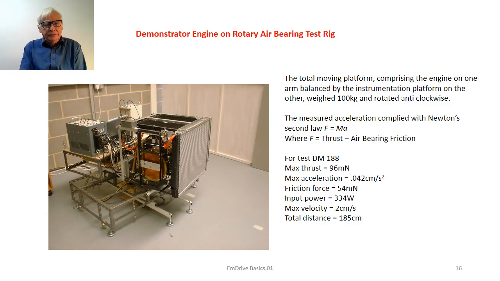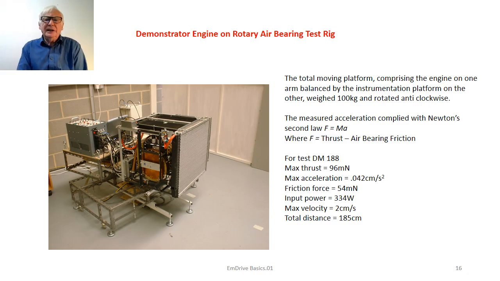And if you look at the demonstrator engine on the right-hand side of the moving platform, you'll see the large end of the thruster is pointing towards you. Therefore, for an anti-clockwise rotation, you can see that the thruster is actually accelerating from large end to small end.